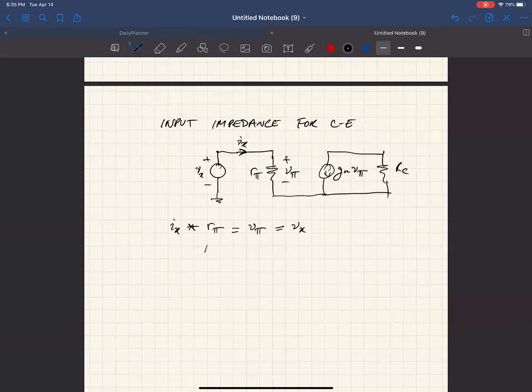So R sub i is just equal to R sub pi. It's a pretty simple equation in the common emitter case. It's just the R sub pi of the transistor.